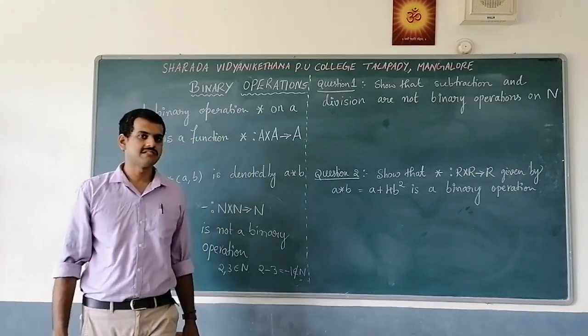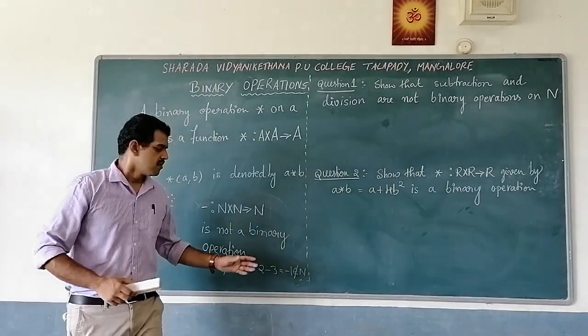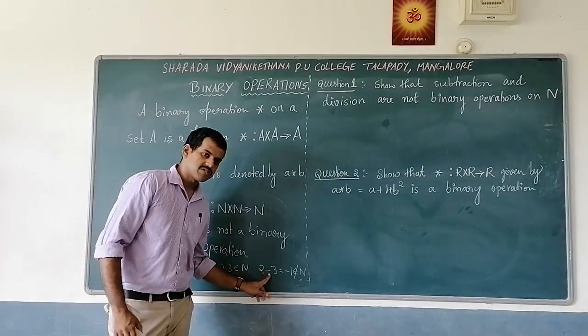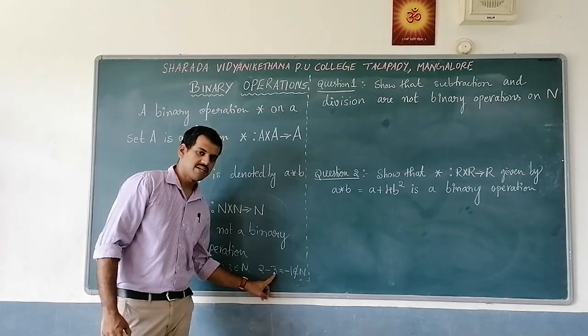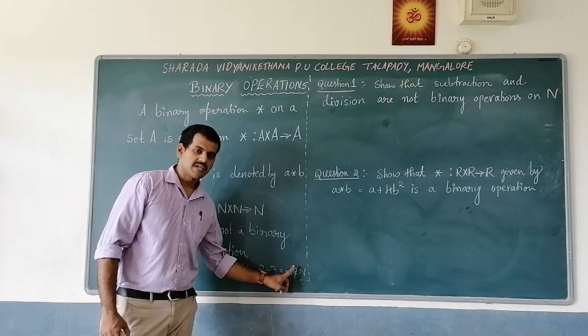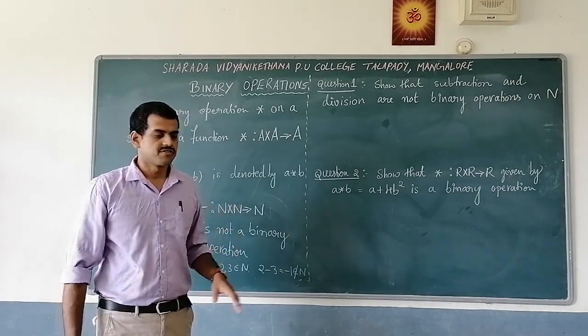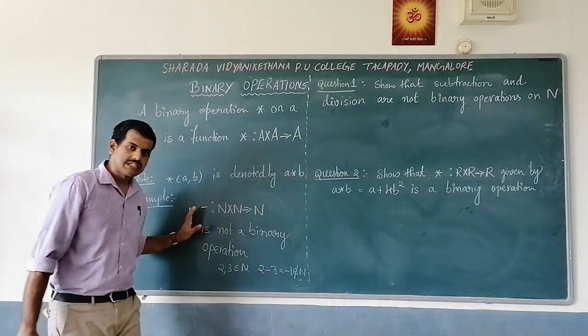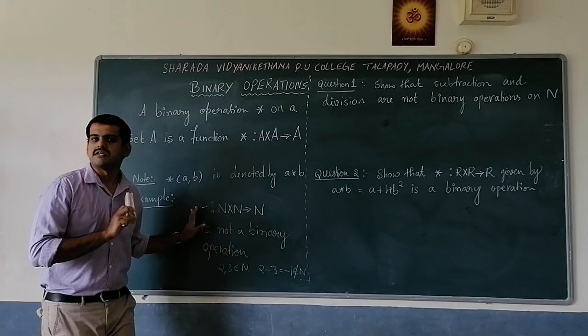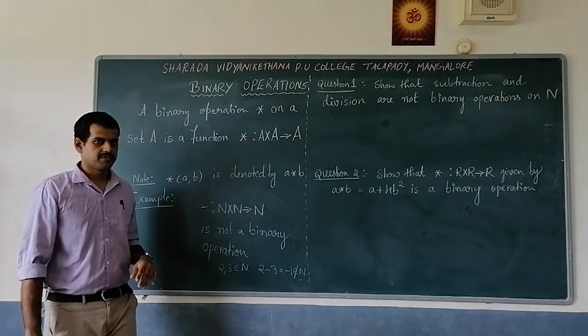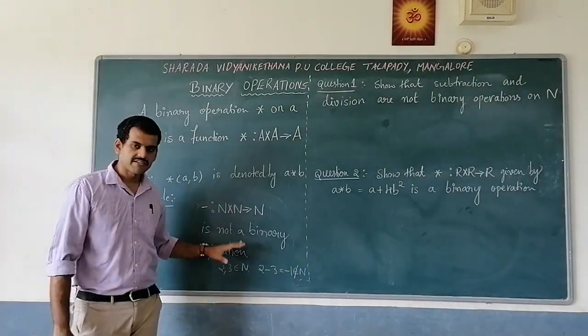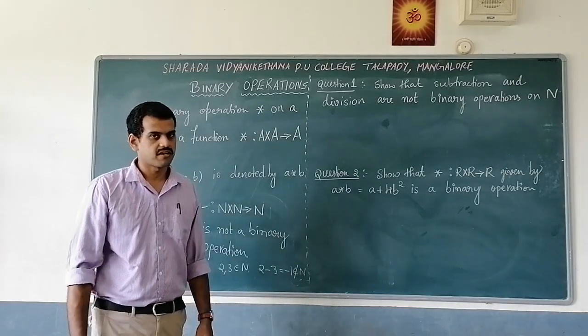It becomes an integer. Correct or not? So if I apply subtraction on the elements 2 and 3, the answer I am going to get is not a natural number. It is an integer. Therefore, subtraction is just an operation, but it is not a binary operation. So these are one or two examples in case of natural numbers.